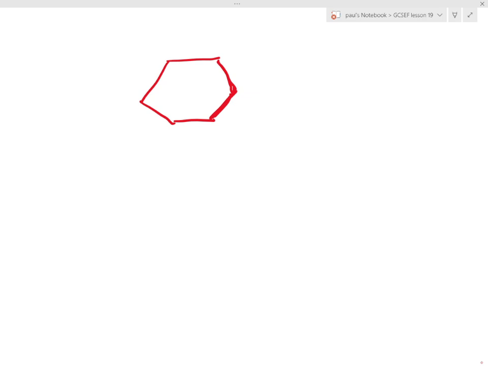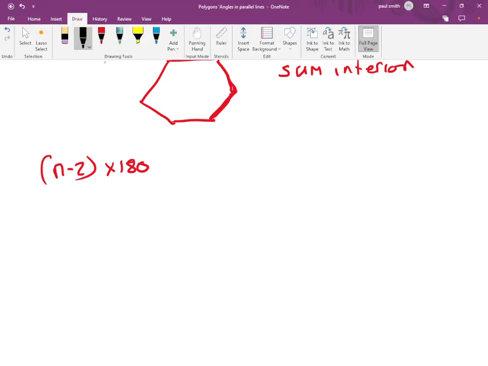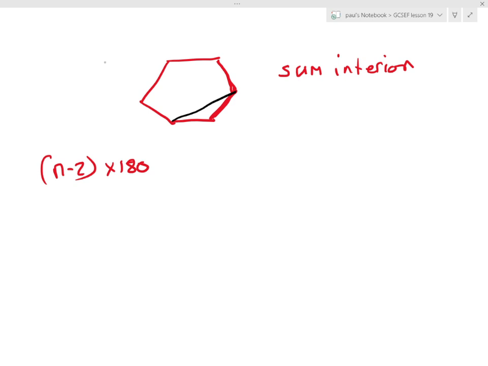more or less a six-sided shape, yeah? And we want to do the sum of the interior angles. Now remember, our little formula was n minus 2 times 180. There is another way. What we can do is start at a corner and draw lines to make a triangle.